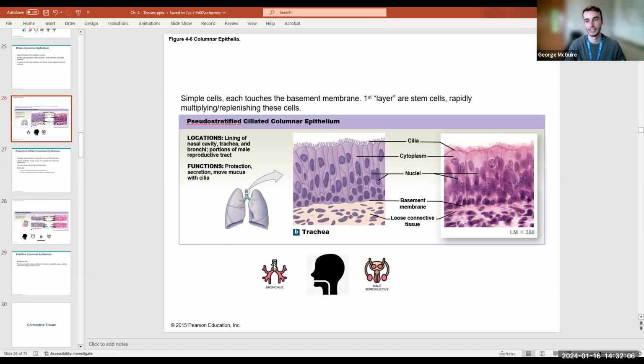And so you find these in mainly parts of our respiratory system, as well as parts of the male reproductive system. So they also provide secretions mainly with mucus, and very commonly have these cilia to help move whatever is moving in that environment.